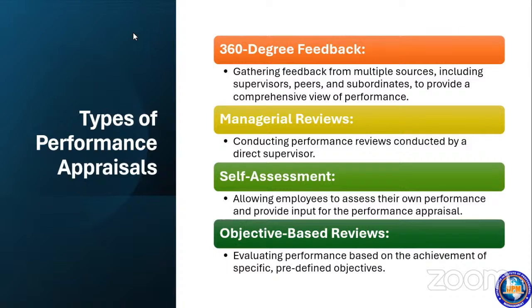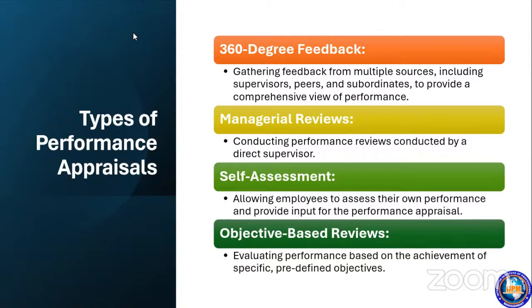All right, so let's talk about types of performance appraisal. Number 1 I would like to talk about is the 360-degree feedback. It involves gathering feedback from multiple sources, including supervisors, peers, subordinates, to provide a comprehensive view of performance.